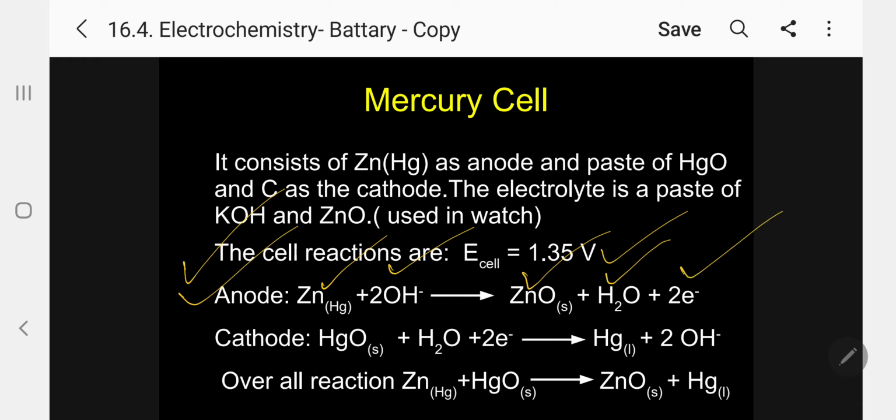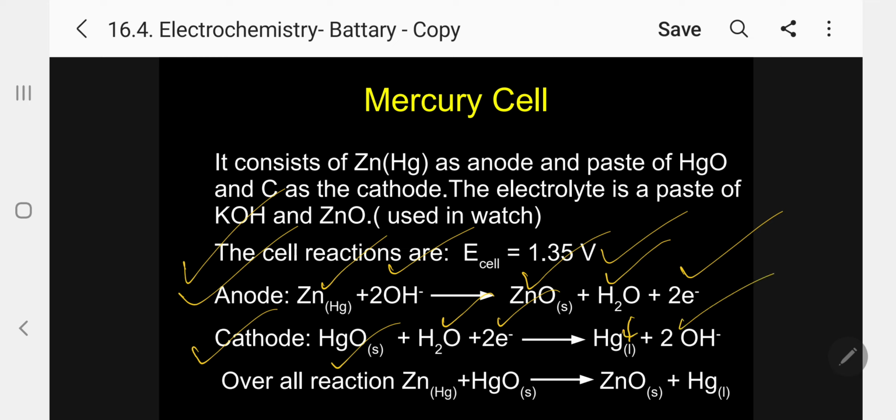So it is an oxidation taking place at the anode. At the cathode, the mercuric oxide, kindly follow, combines with water in the presence of the electrons produced, to deposit mercury, and OH minus is liberated.